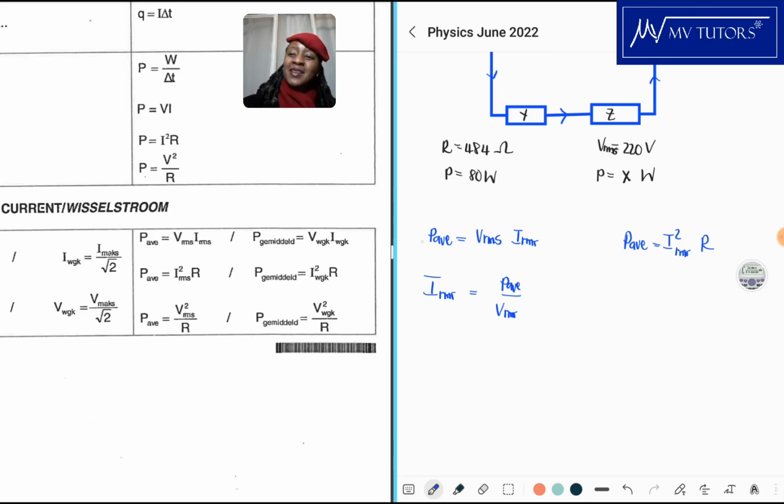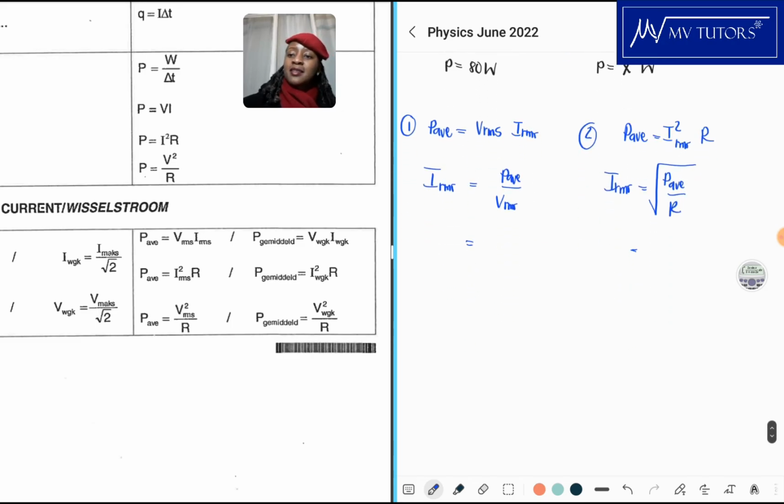This is the first one. Will they give us the same answer? If I write this in terms of IRMS, I would have the average power over the resistance, and I would root it. There's also a third option, guys.